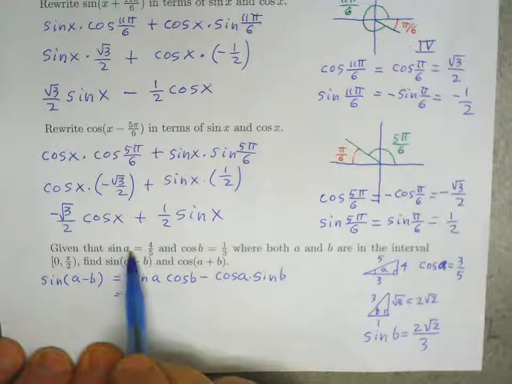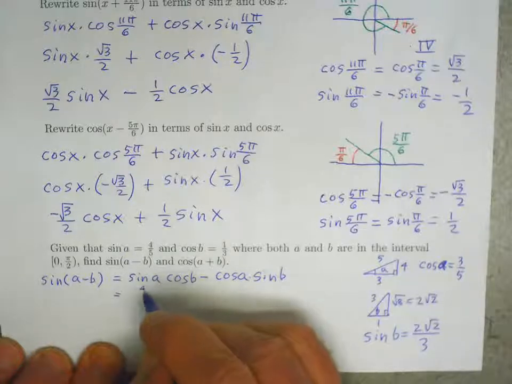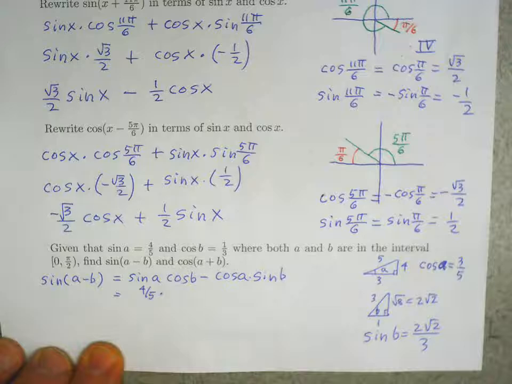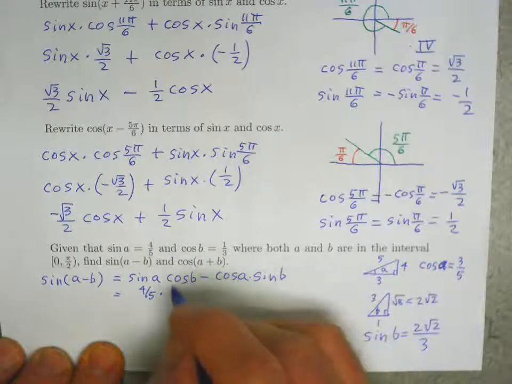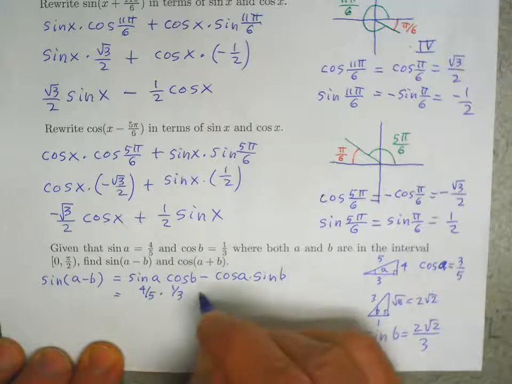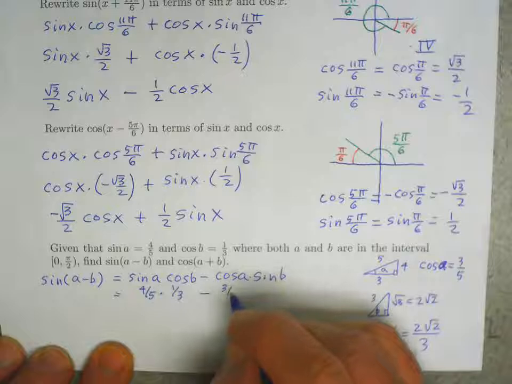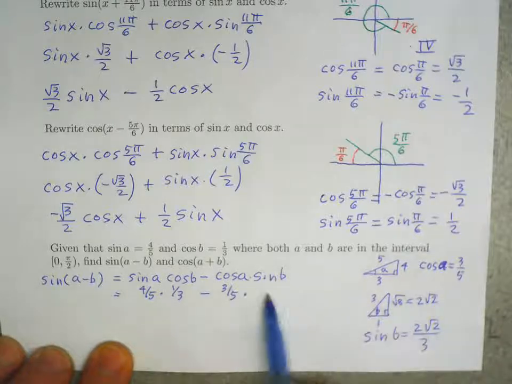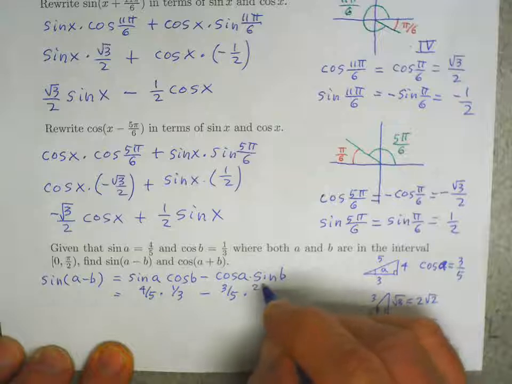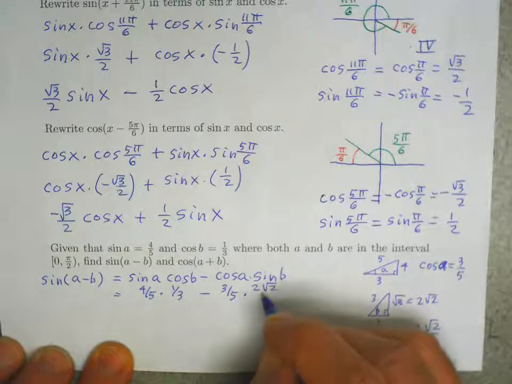Sine of A is given to be 4/5, so 4/5 times cosine of B, which is also given to be 1/3. And we had to find cosine of A and sine of B. Cosine of A is 3/5 multiplied by sine of B, which is 2 times the square root of 2 over 3.